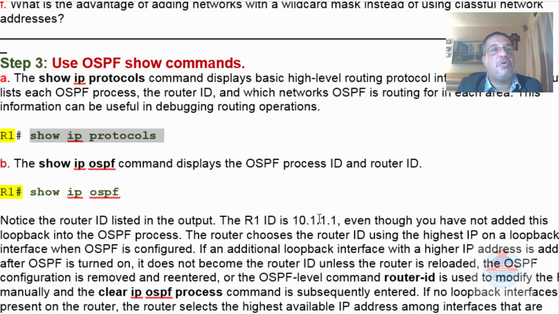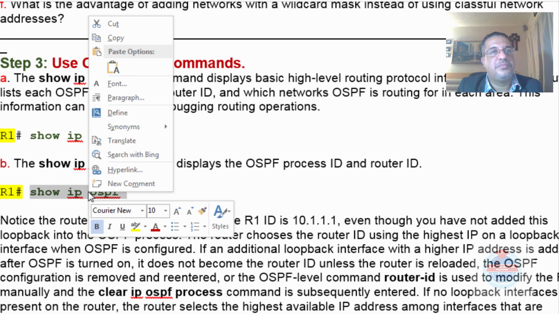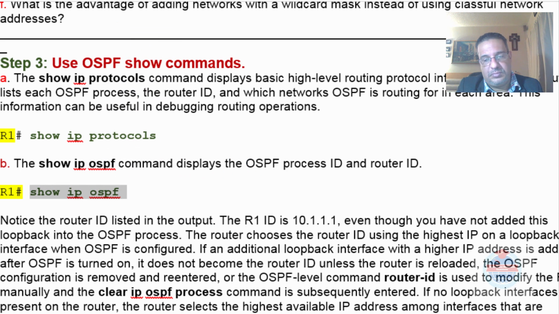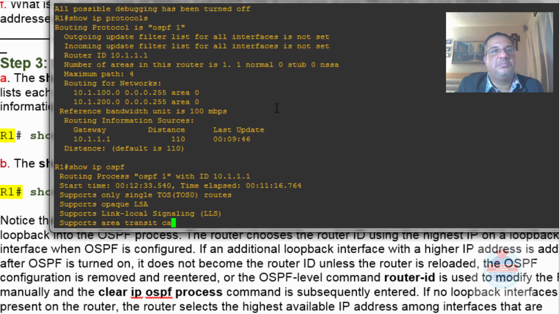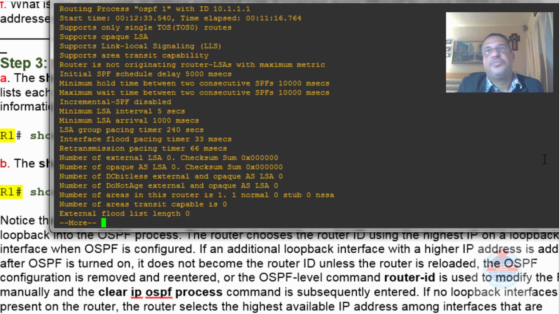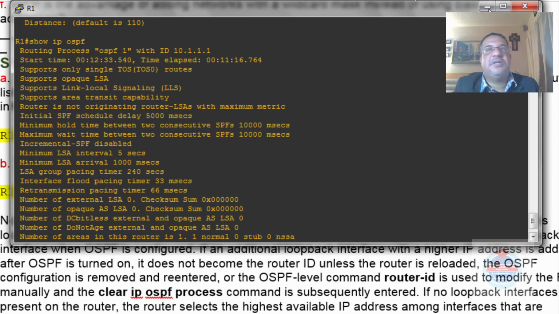Show ip ospf. Okay, let's start doing this right now. So what do we see over here? Let's check the values.